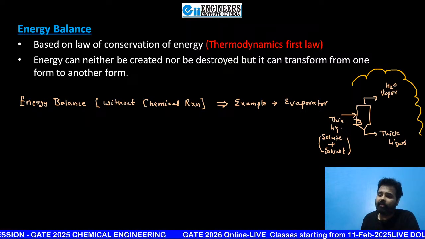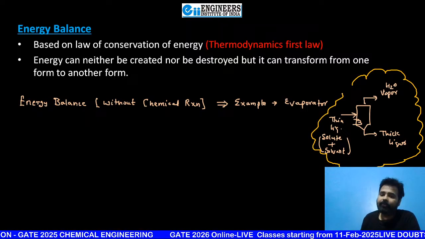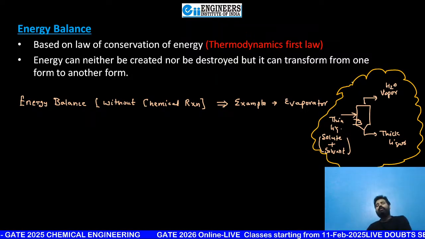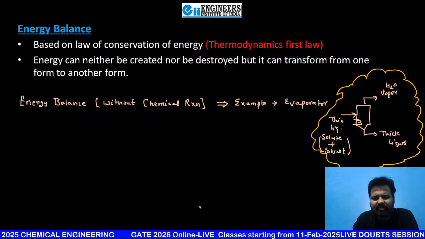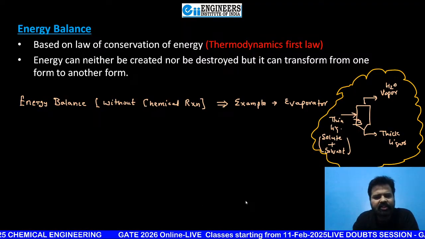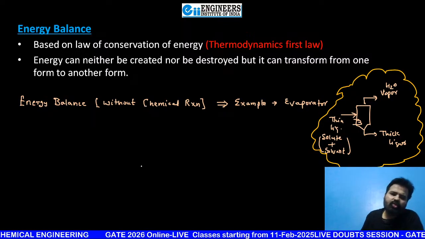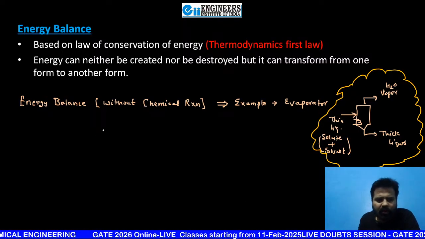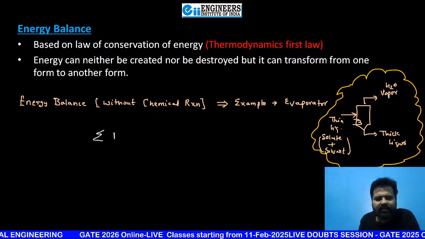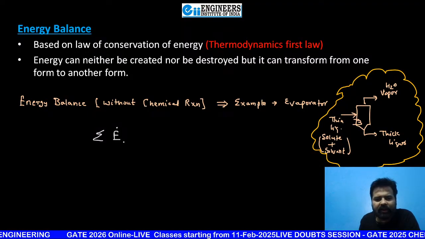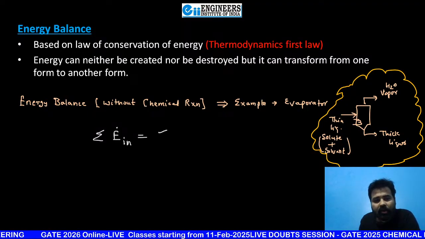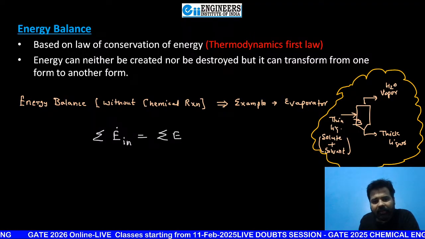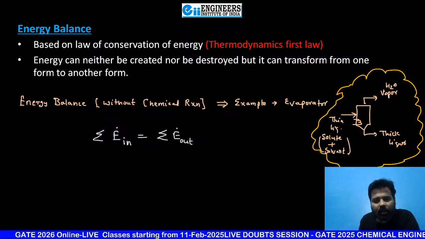Whenever you are taking these balances, if no chemical reaction is there, no need to worry. Just check through which lines energy is entering, and that will equal the energy leaving through all lines.